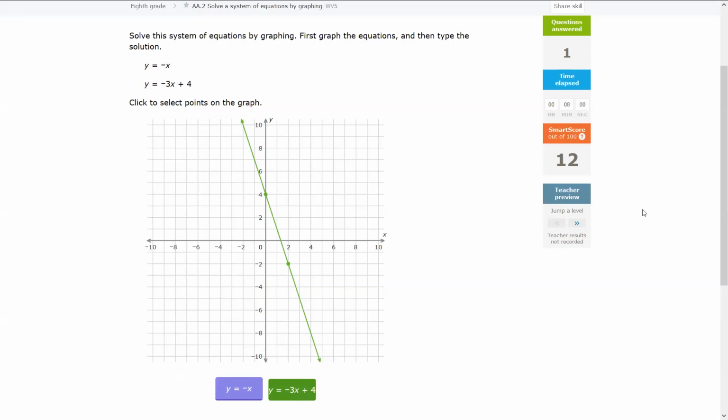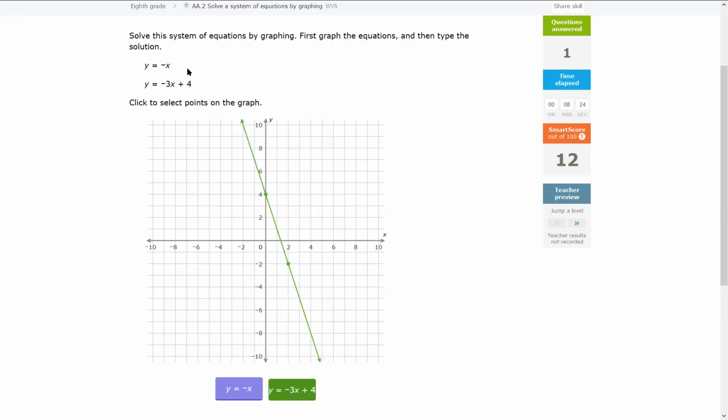Okay, good question. So we did our second one, right? Now this one doesn't seem to have a y-intercept, does it? All of these have to have either a slope or a y-intercept to some degree.